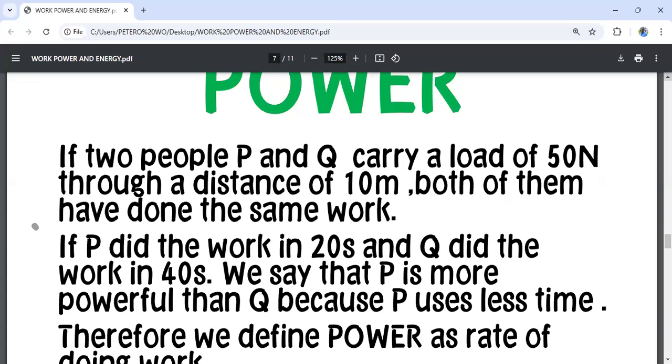there is one who is more powerful than the other. The more powerful person will do work easily or in less time, whereas the less powerful person will do work, but will take a lot of time. So therefore, if someone speaks about power, that person is speaking about work done, but with an element of time.